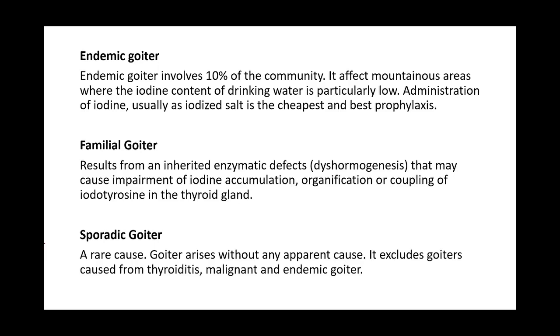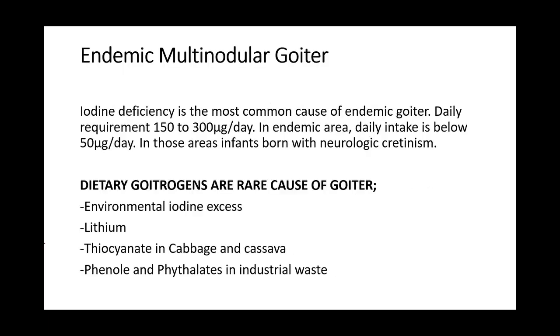Okay. Now, the familial goiters result from inherited enzymatic defects, dyshormonogenesis that may cause impairment of iodine accumulation, organification or coupling of iodotyrosines in the thyroid gland. Now, sporadic goiters are rare, they occur randomly in the society.